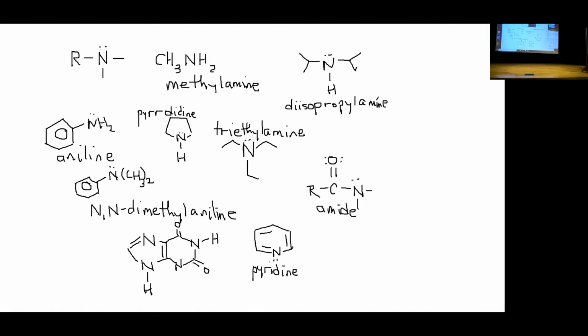Let's try this. I just don't have these structures memorized, and I certainly will not expect you guys to memorize them either when we get to them. But let's see if I can make a structure that makes sense. Well, that at least is a structure that makes sense.